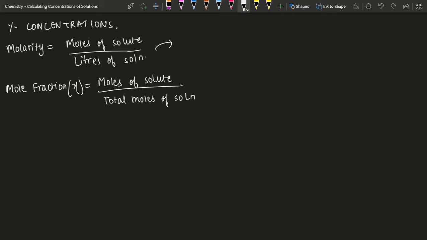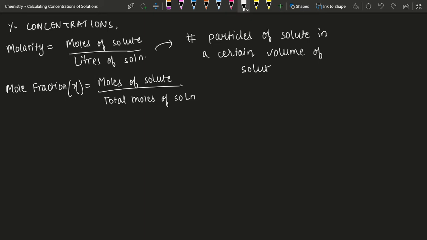So it gives you the number of particles of solute in a certain volume of the solution. And it so happens that there is a second analogous concentration unit that's called the molality.